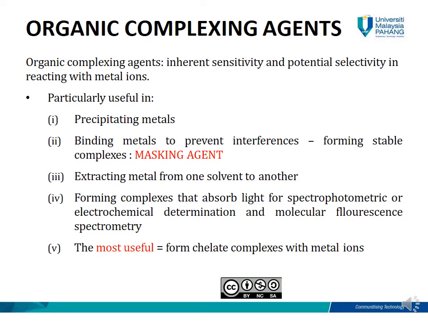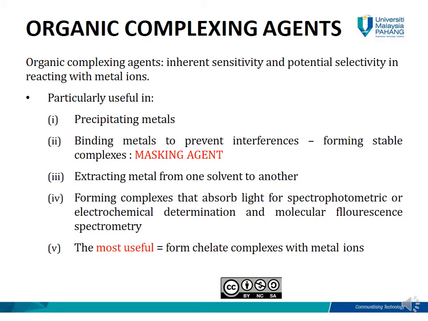Basically, they can bind completely with the metals and form a precipitate. Second is binding metals to prevent interference. This is what we call a masking agent. When we want to prevent interference or disturbance, we use the complexing agent to mask our analytes, in order to form a stable complex.